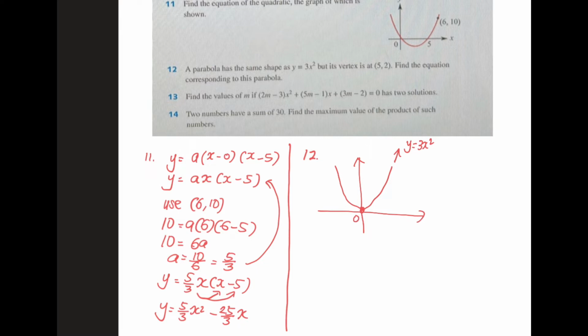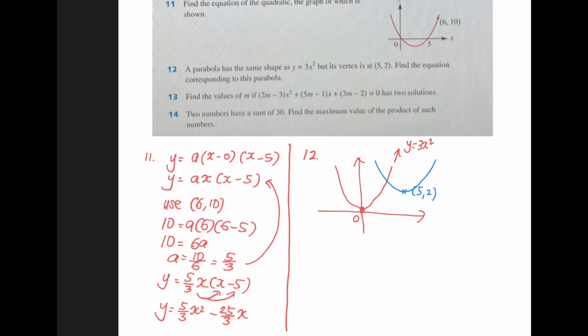So 5, 2 is somewhere around here. It has the same shape with y equal to 3x squared, but just that the vertex is there.